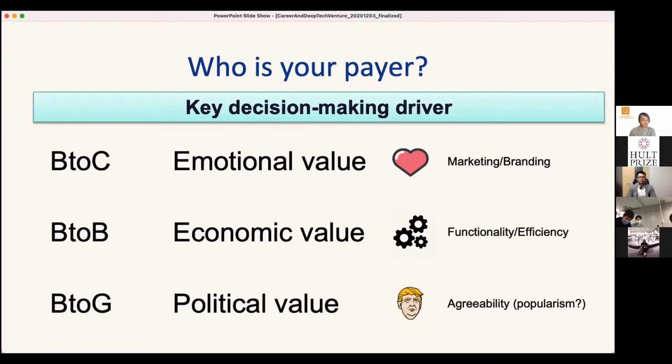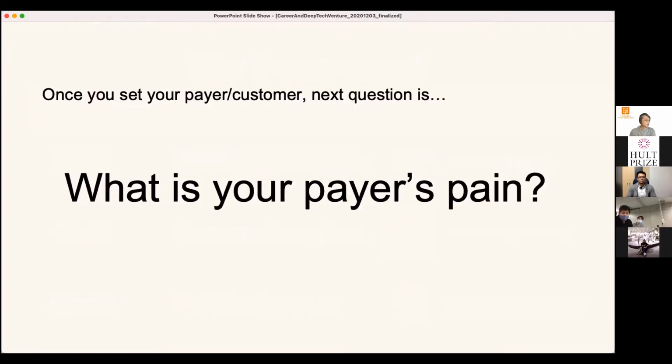So it's not only about your customer, but it's also about how the decision making happens, and you have to adjust your business plan to maximize the potential of it. And once you set your payer or customer, you decide my customer is a government or my customer is a consumer or something like that. Once you set it, the next question is what is the payer's pain? So you have to solve the pain of your customer.